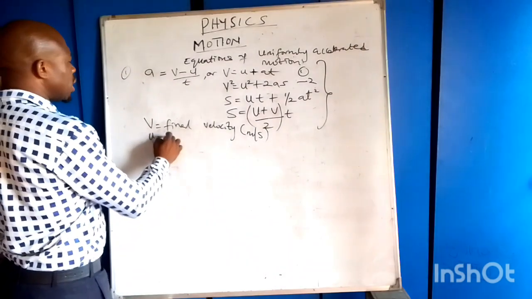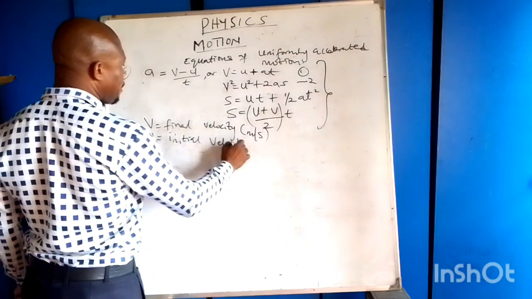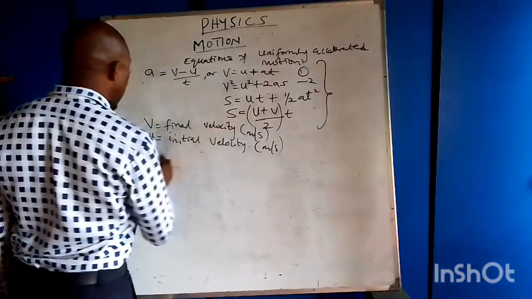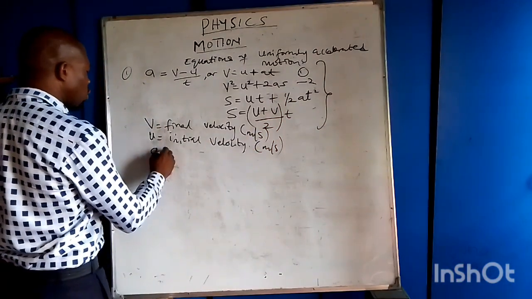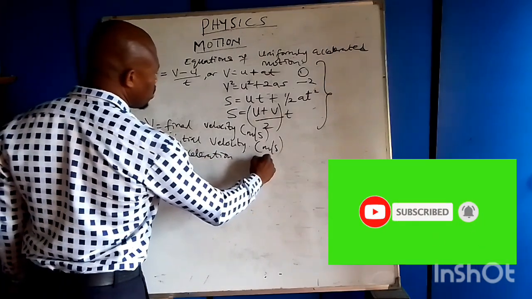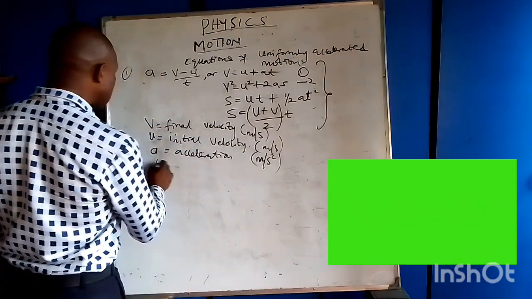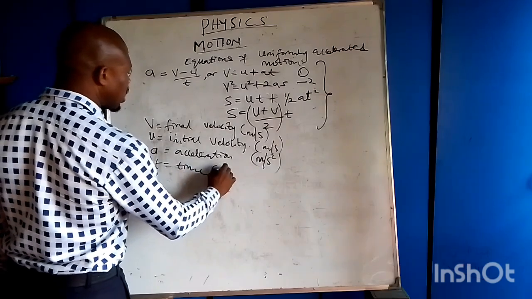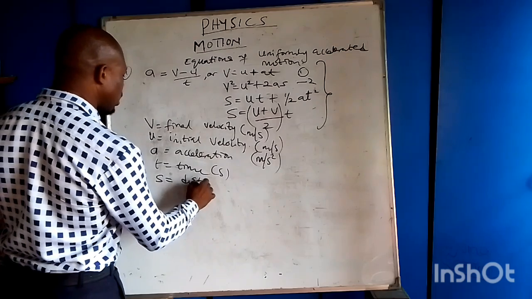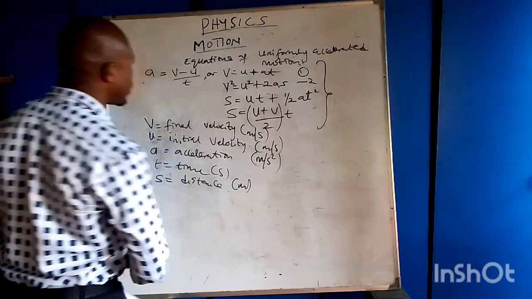U is the initial velocity, measured in meters per second. A is the acceleration of the body, measured in meters per second squared. T is time, measured in seconds. S is a distance, or it can be a displacement, measured in meters.